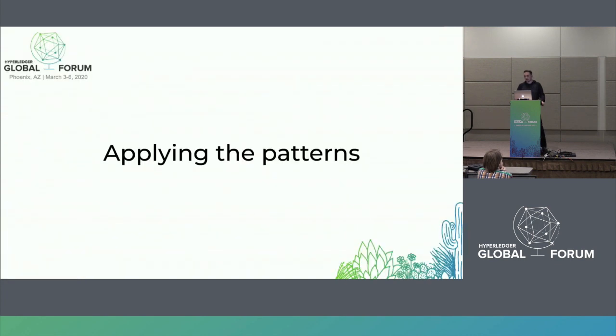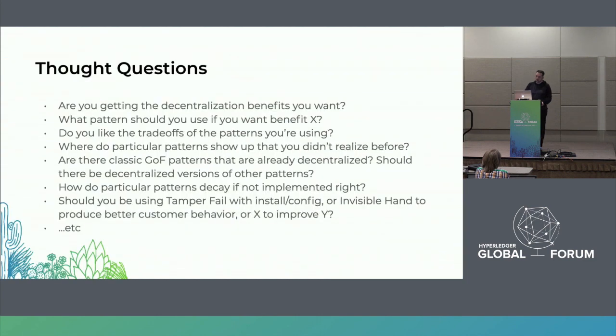Let me get out of the specific patterns for a minute. There's more patterns. I just picked 6 or 7 that I thought were interesting to talk about here. And for the last segment of this presentation, I'd invite you to think about some of these thought questions. Are you really getting the decentralization benefits that you want out of your architecture?